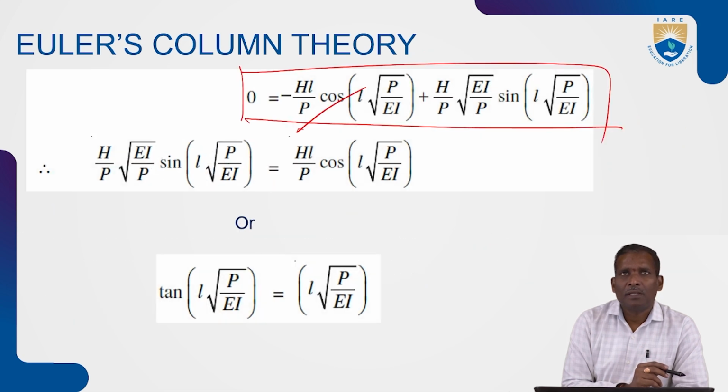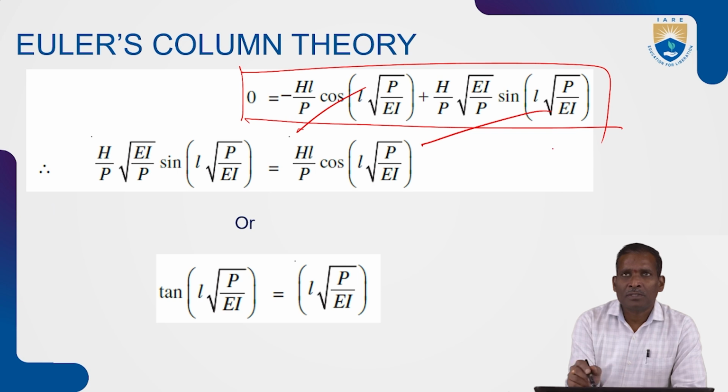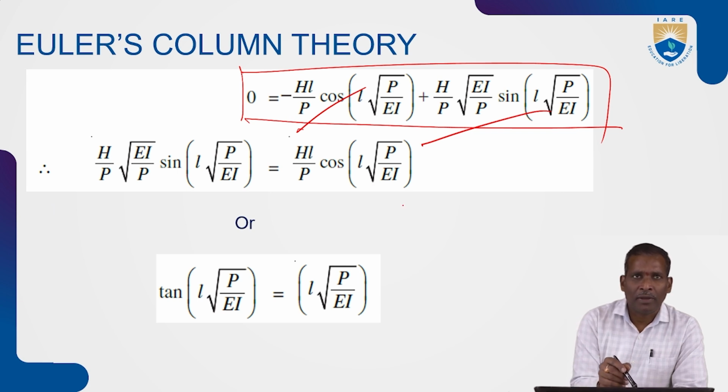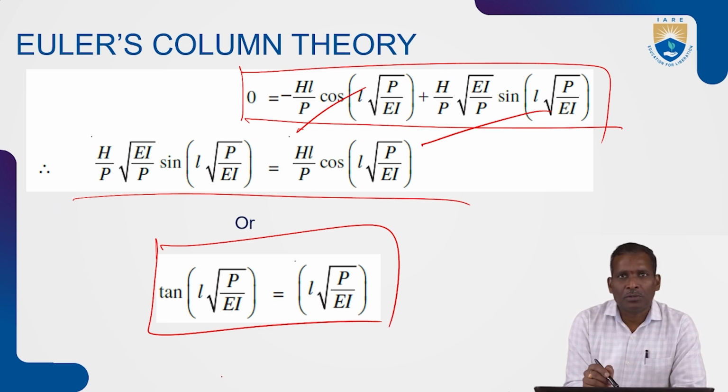h by P, hL by P into cos L into square root of P by EI. C1, C2 values substituted in this, and finally we'll get tan L into square root of P by EI is equal to L into square root of P by EI.